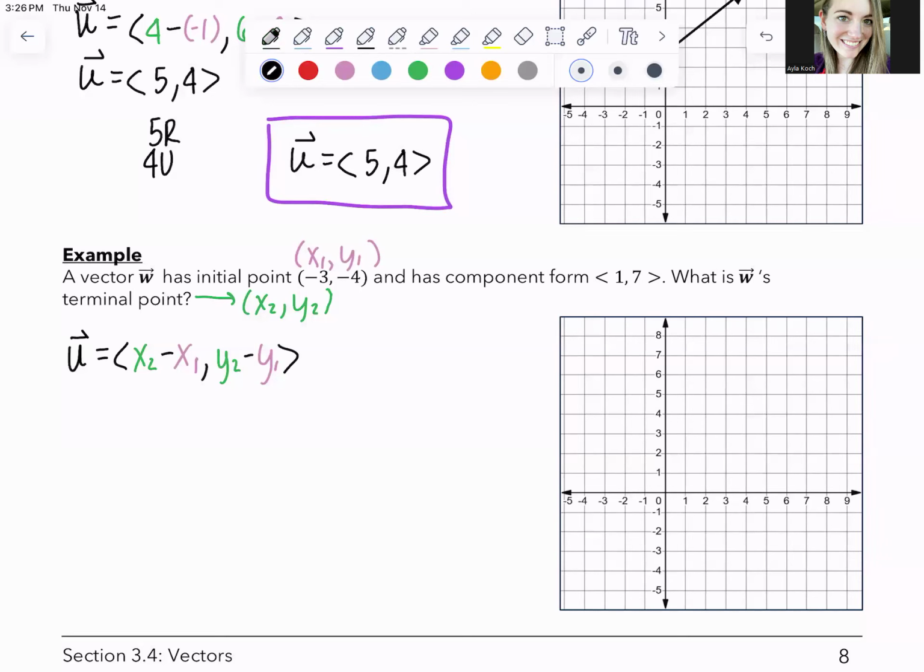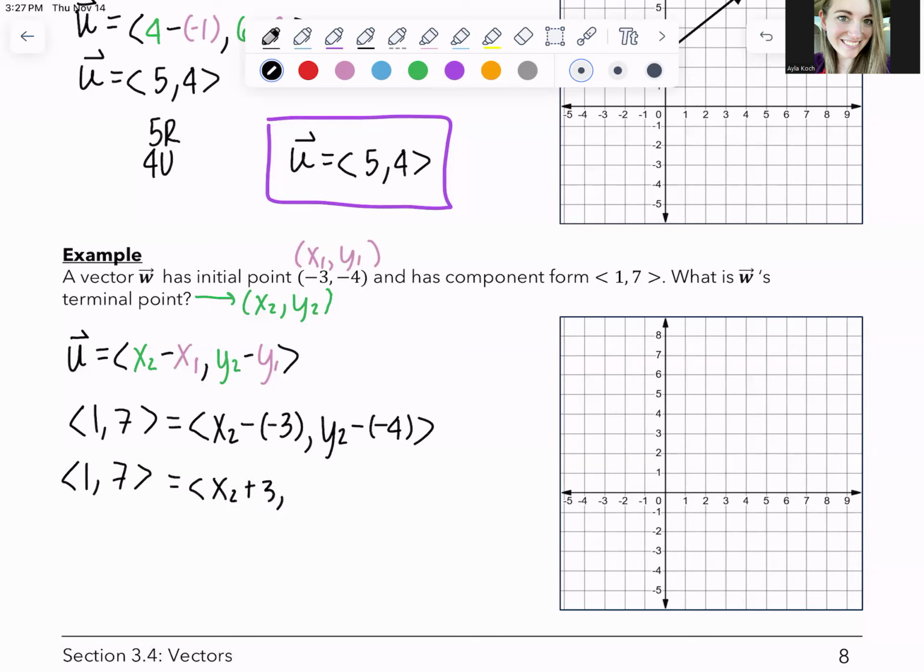We know that the vector is equal to 1 comma 7. So we'll put that in. 1 comma 7 is equal to, we don't know what x2 is, minus x1 is negative 3. So minus negative 3. Then we don't know what y2 is, but then y1 is negative 4, minus negative 4. So we have 1 comma 7 equal to x2 plus 3, y2 plus 4.